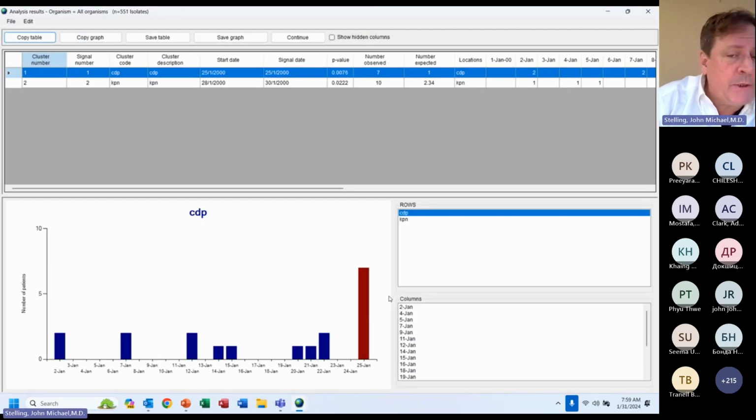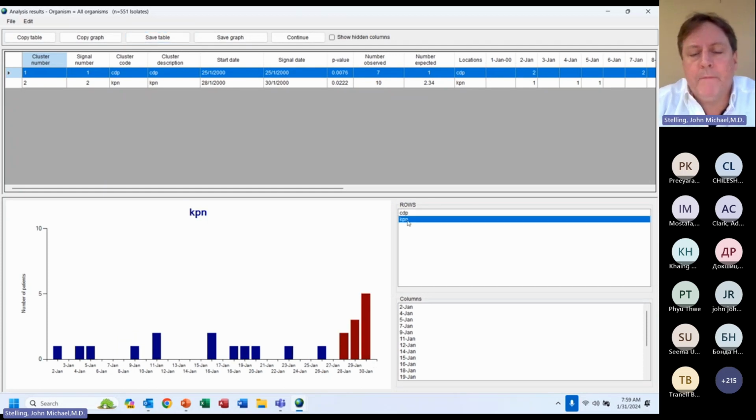And now WHONET is not showing me the listing, it's showing me immediately the statistical results. You see the graph for the diphtheroids, you see the graph for the Klebsiella pneumonia. All of that is unchanged. What has changed is all of the other organisms have disappeared. So in this analysis, you get the exact same rows for the organisms that have clusters.